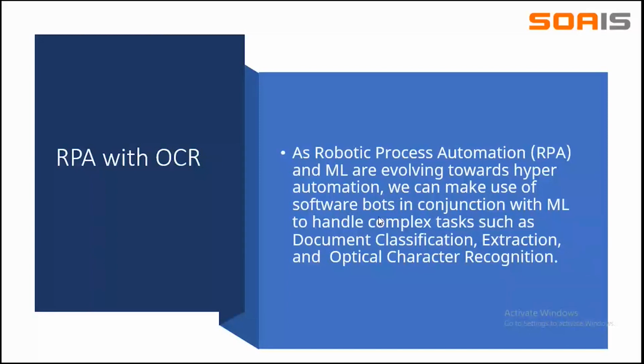So that is nothing but adding OCR content with RPA. As robotic process automation and ML are evolving towards hyper automation, we can make use of software bots in conjunction with ML to handle complex tasks such as document classification, extraction, and optical character recognition.